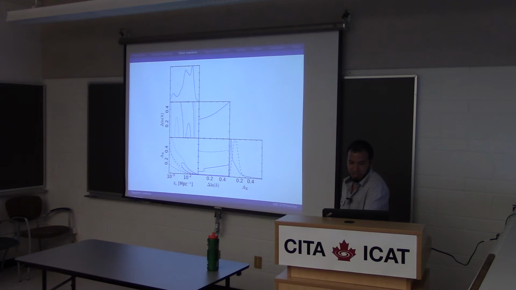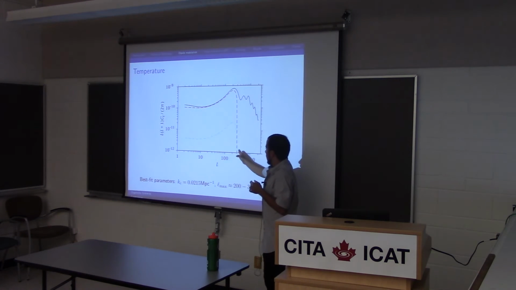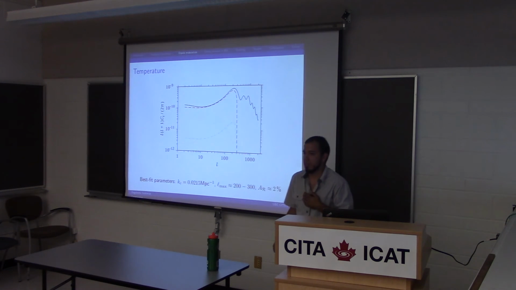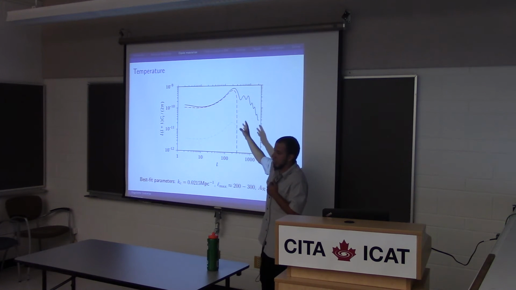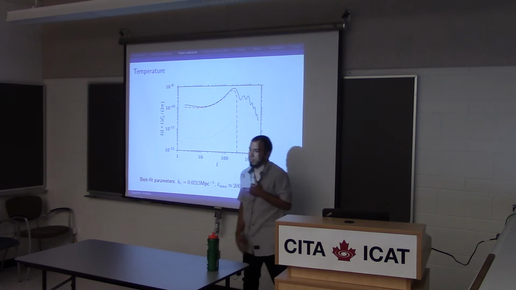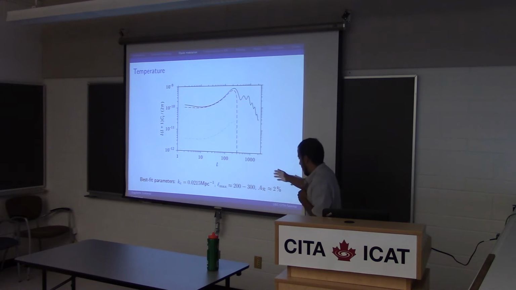So what does this mean? So the best fit parameters for temperature look like this. So the red line is the power spectrum of the small scales that are modulated, and you'll see that it looks like it prefers the dip at 2 to 300 as opposed to the dip at 65 that I mentioned before, and with some amplitude of 2%.